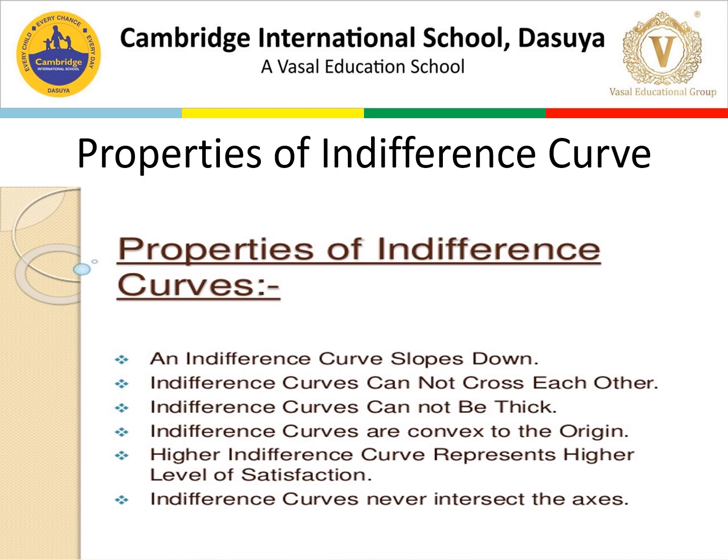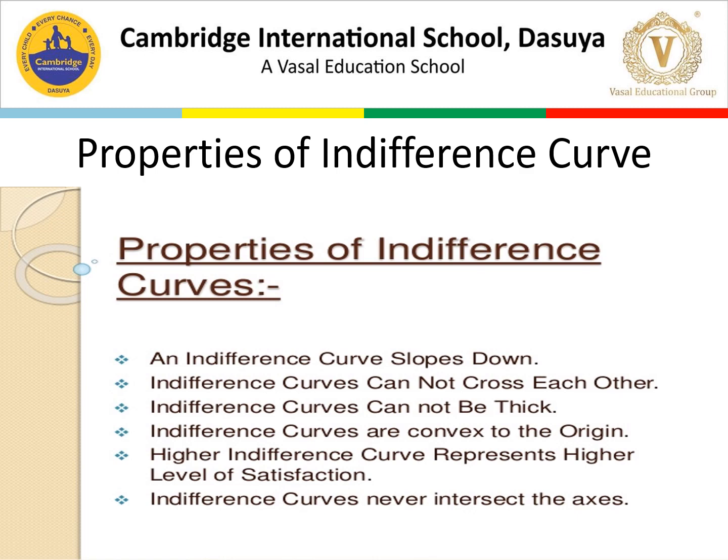Next, indifference curves cannot cross each other. This is a very important thing. They never intersect each other. What is the reason behind this? As two indifference curves cannot represent the same level of satisfaction, they cannot intersect each other.